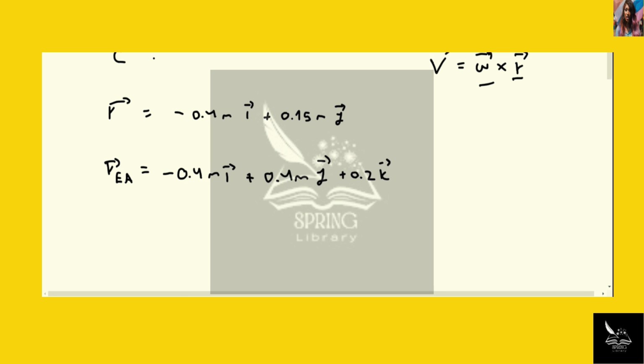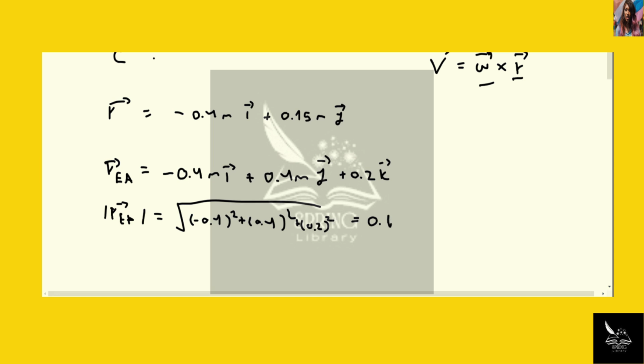And notice that now we're interested in finding the unit vector, not this vector. So we need to divide this vector by the intensity of the vector r EA, which is 0.6 meters.